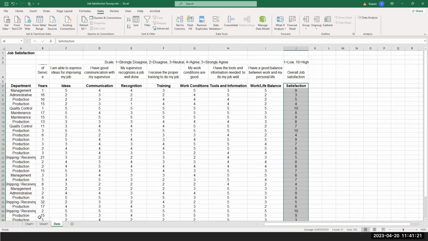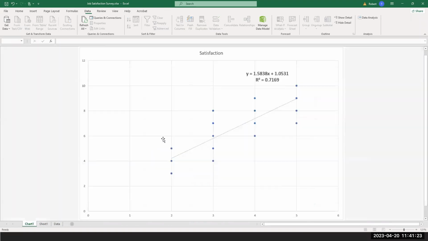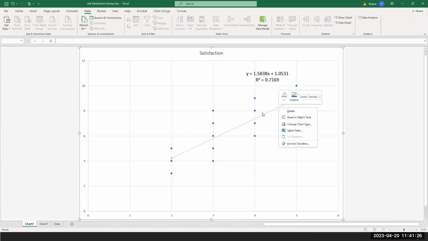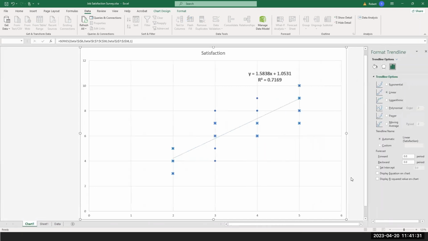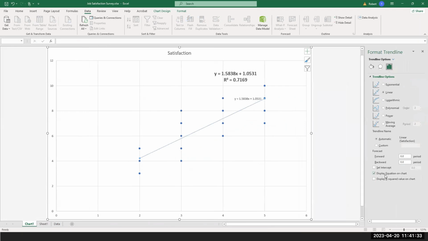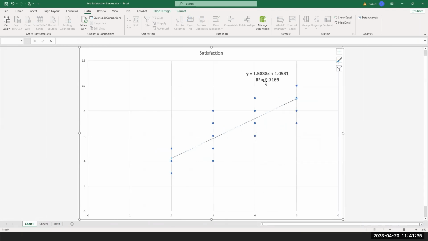You can build a scatter plot just like this, right click and go to add trendline, and then display equation on chart, to get a model for predicting things. You can see how well that model predicts things by this R² value, and you can plug in x's to predict y's. In other words, you can plug in independent variables to predict what the dependent variable will be.